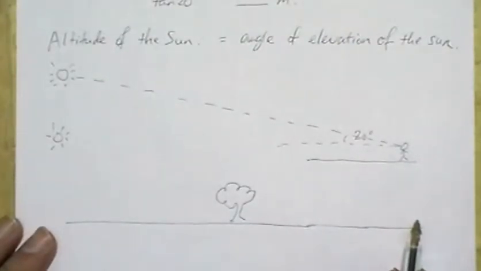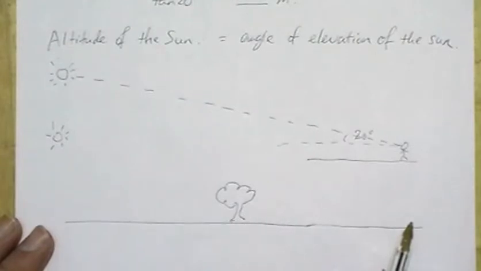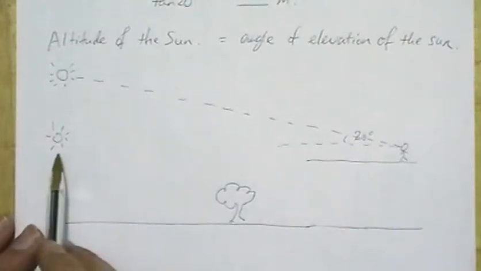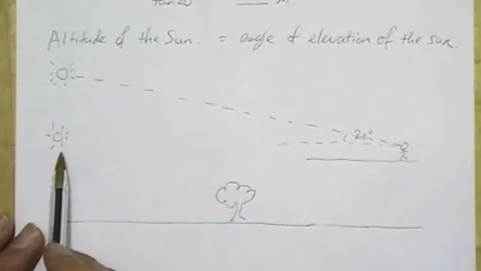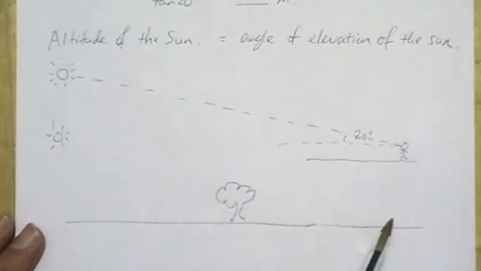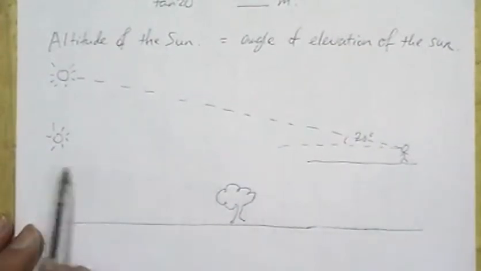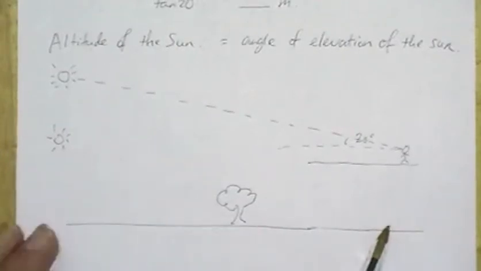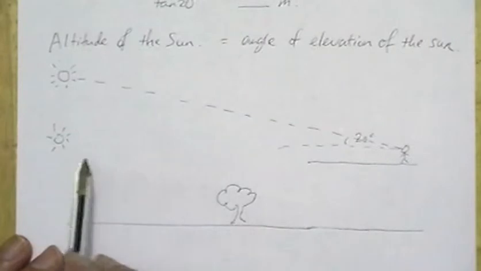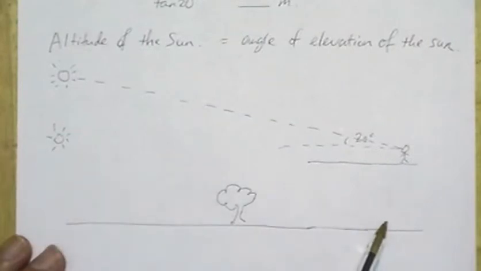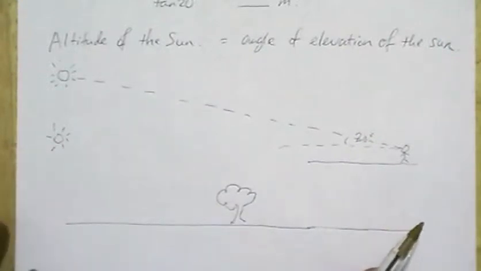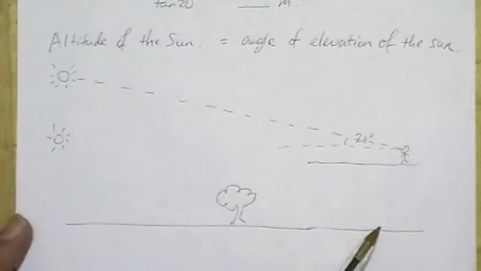The angle that the line makes with the ground would always be the same. The reason is because the sun is so far away. Which is why if we are outside in the sun, we'll find that no matter where we walk, the sun always seems to be at the same height.